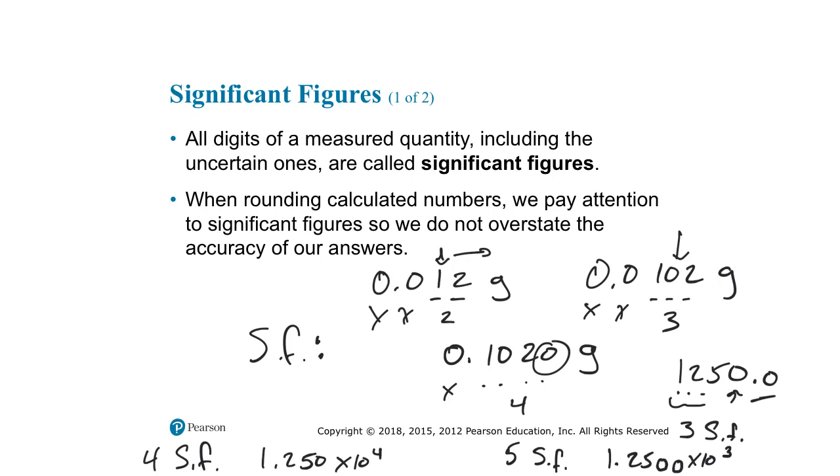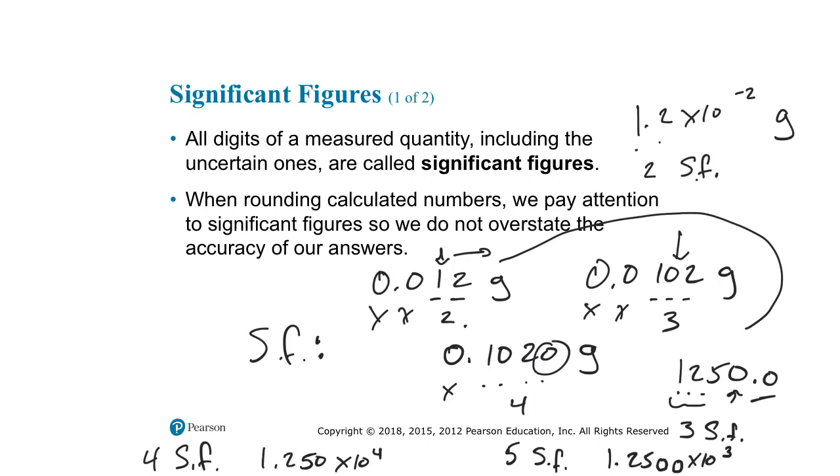Okay, now let's deal with the leading zeros real quick and note that if you go scientific notation on any of these quantities, you should match the number of significant figures. Let's just do the first one. 1.2 times 10 to the minus 2 would be representing that number of grams, but in scientific notation. And within scientific notation, I think you can clearly agree that's 2 significant figures represented, and there should be agreement between our significant figure counts.